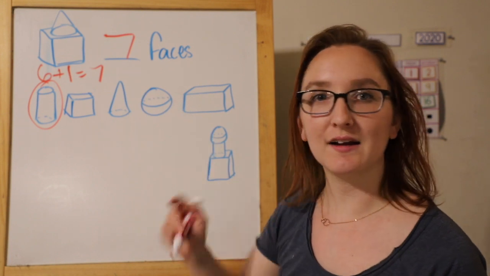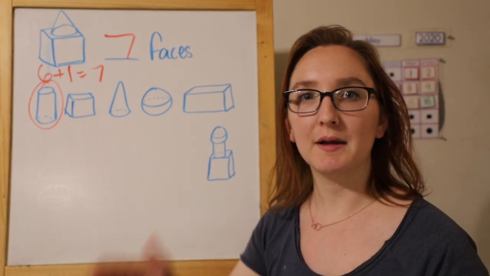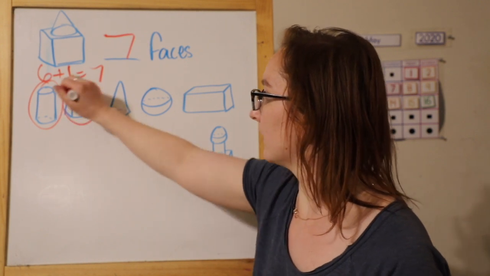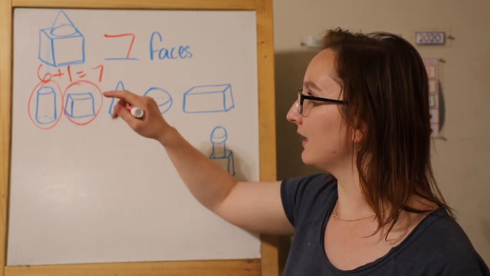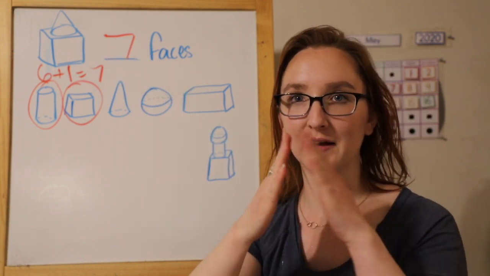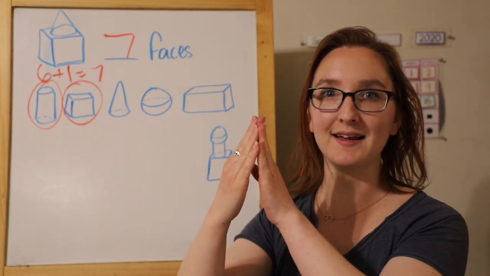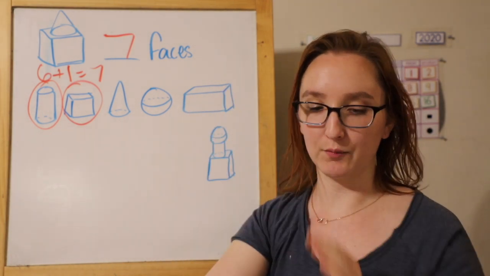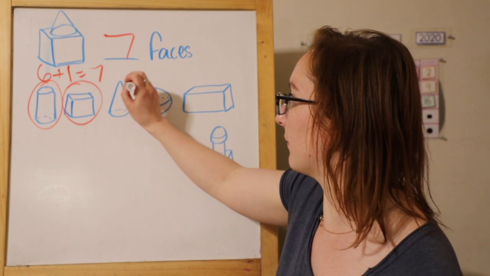I can stack a cube on top of my cube because it has that flat face on the top. Now my cone has this point on the top, and if you try and stack something flat on something that is pointy, it's just going to fall over from one side or the other. So we won't be able to stack on top of our cone.